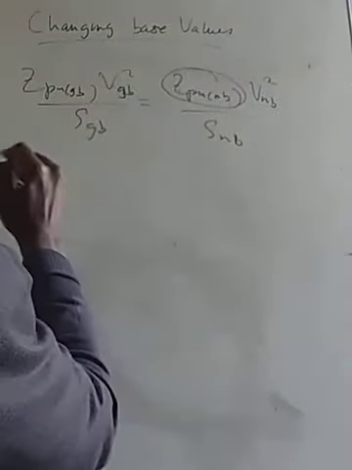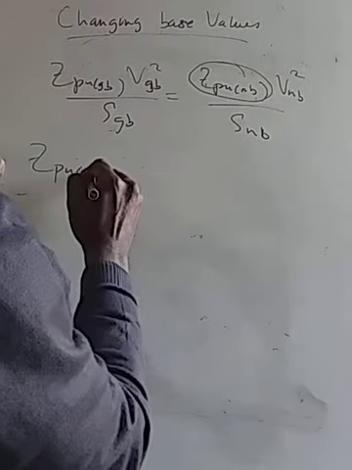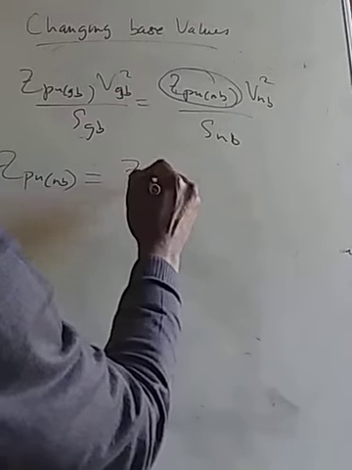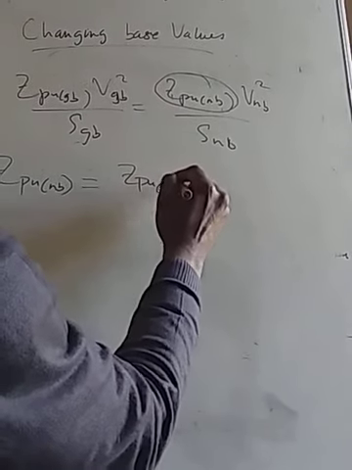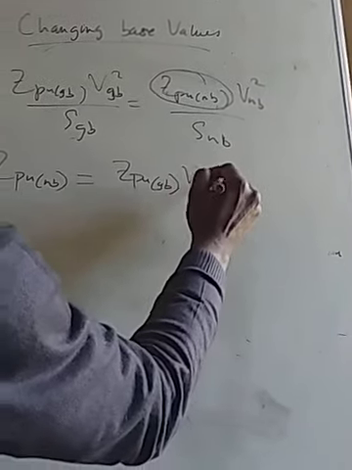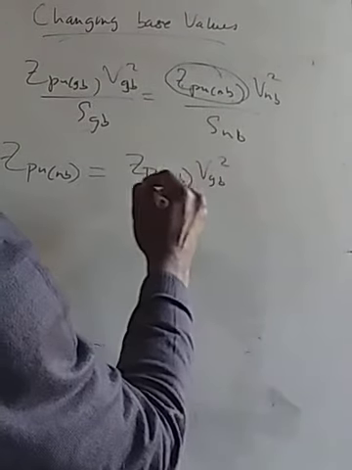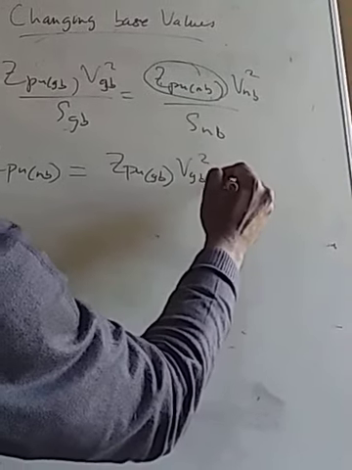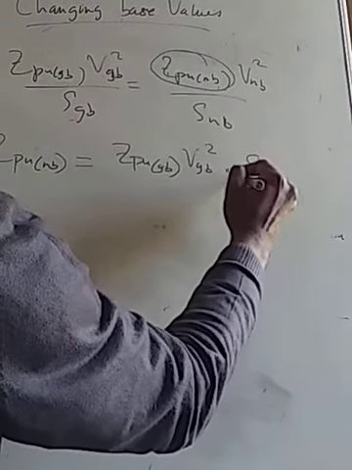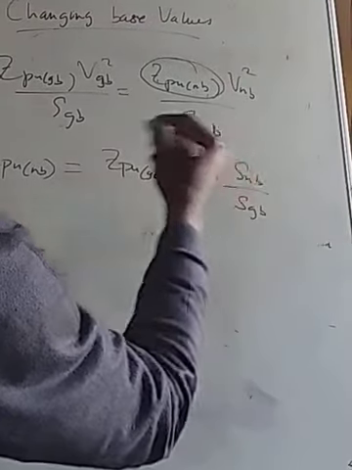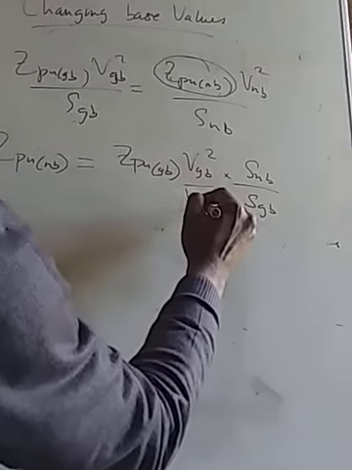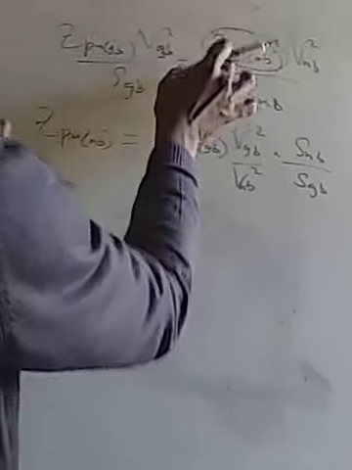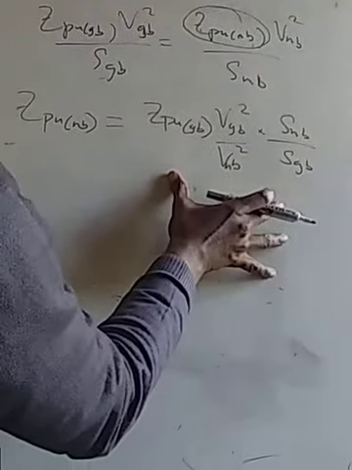When you make this the subject of the formula, you now have your ZPU NB to be equal to ZPU GB times VGB squared, right, by SNB over SGB, then you have your VNB squared. So if you make this the subject of the formula, this is what you come up with.